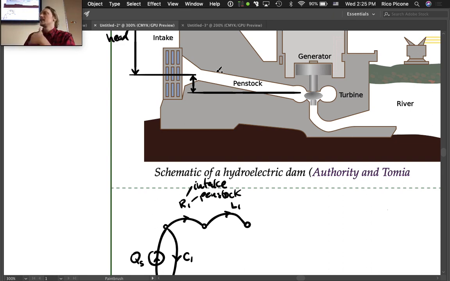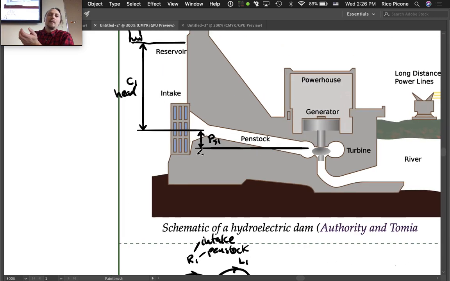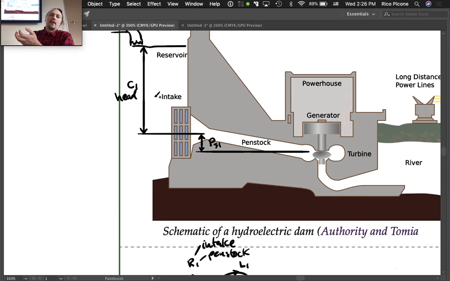That height, that drop from this opening of the penstock to the turbine blades, is not going to change. So we can model it as being a pressure source, call it PS1. That's always going to be fixed. Now, you might say, well, why didn't we just do that with the reservoir head? We could have done that, we could have called that PS0. And the reason is that height can change, right?